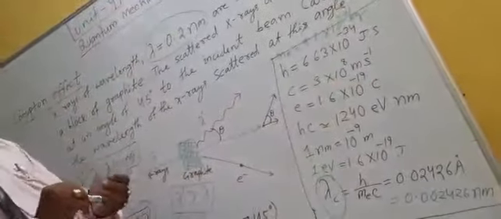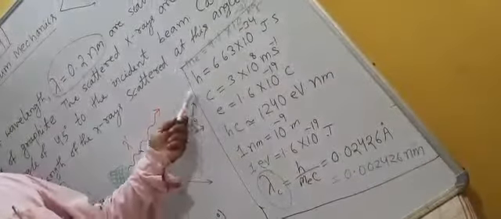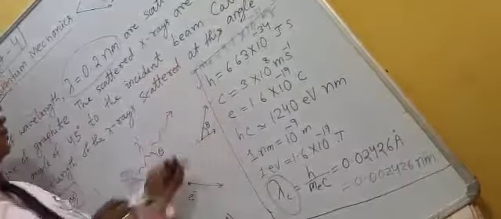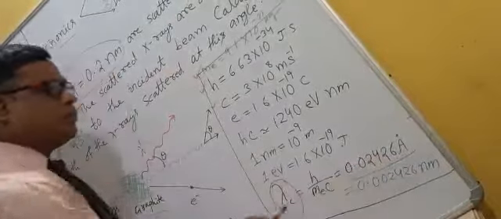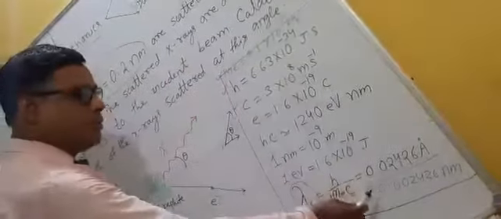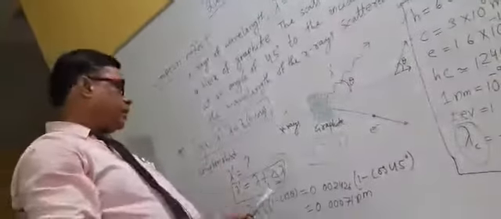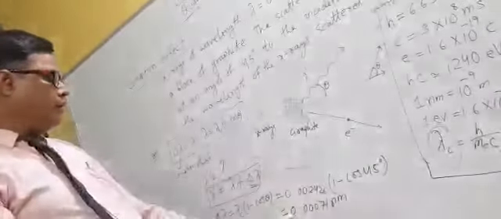If you take the values of m e, h and c and put them in, you get 0.02426 angstrom. You can express it in angstrom or in nanometer.